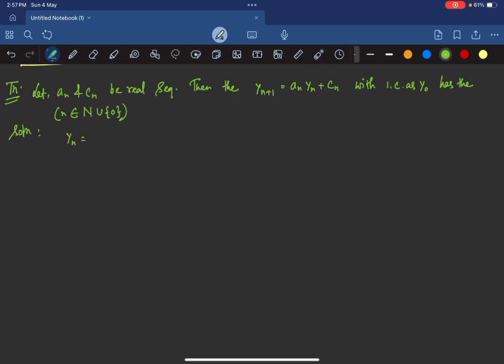See, yn is given by the product of all the ak's with k from 0 to n minus 1, times y0, plus the summation, with the product of aj with j from k plus 1 to n minus 1, and k varies from 0 to n minus 1, of ck. And this solution is unique.